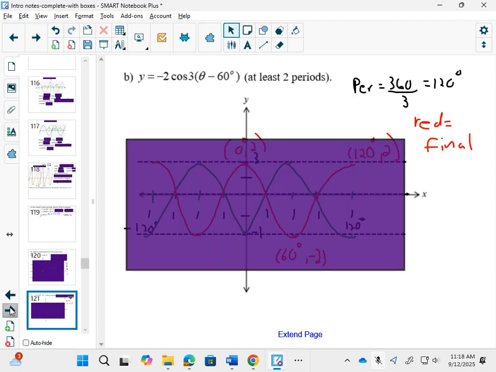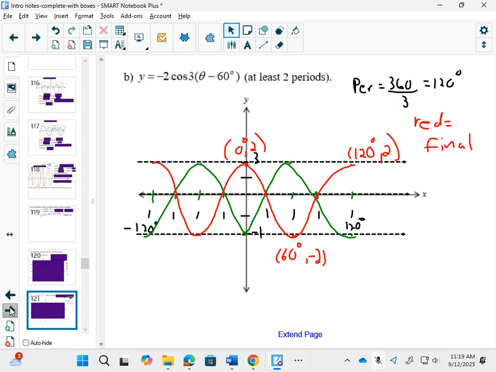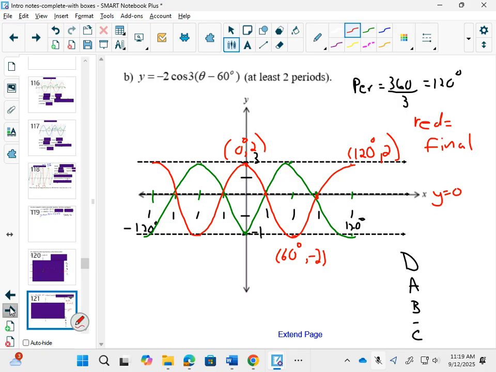So again, if I was graphing this, the very first thing I would do is draw my sinusoidal axis at y equals 0, because there's no plus anything afterwards. As far as DAB-C, I would look at my d value, which is 0. I would do that first. Then I would look at my amplitude, which is 2, and I would go up 2 units and down 2 units.